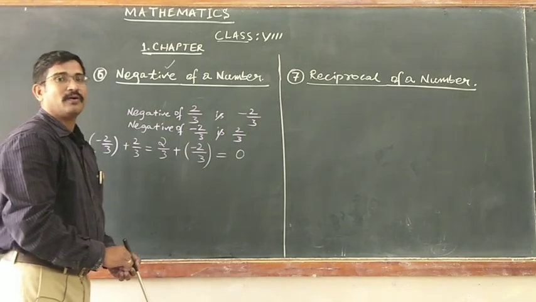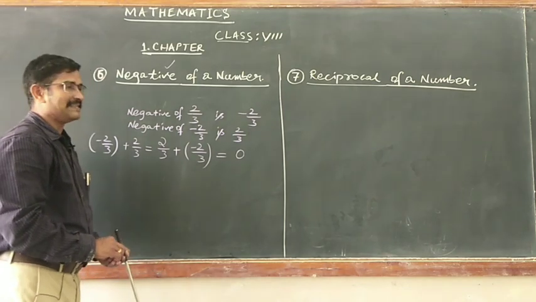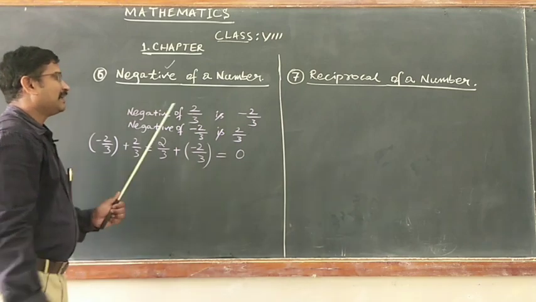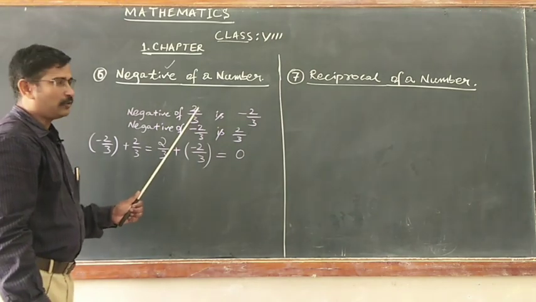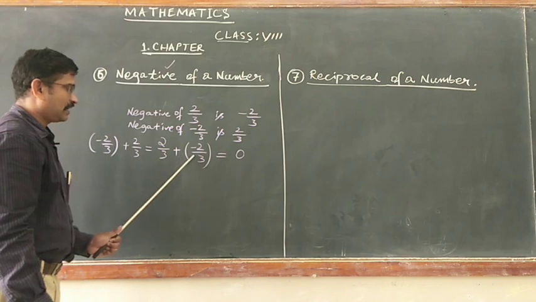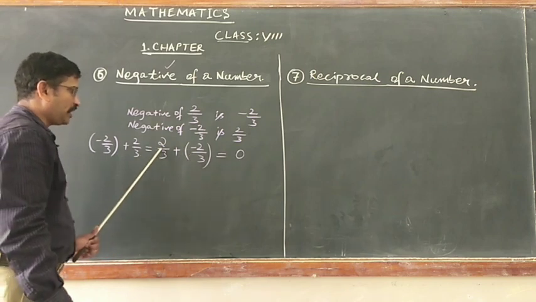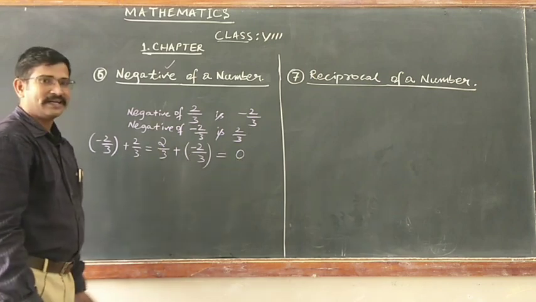So, the use of this is that negative of a rational number added to it gives the additive identity element.